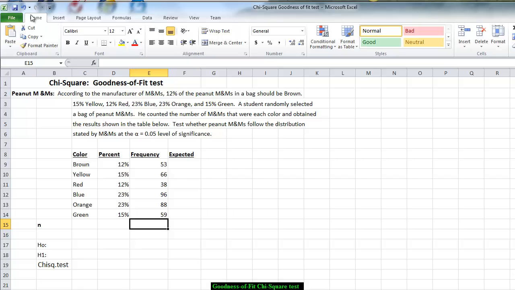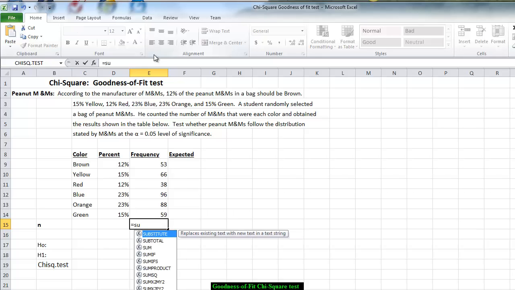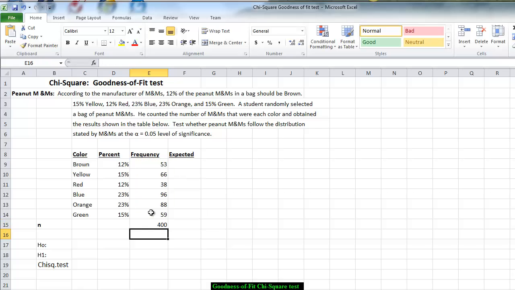In order to get the sample size, we're going to calculate the sum of the column, and that tells us there were 400 M&Ms in that particular package.